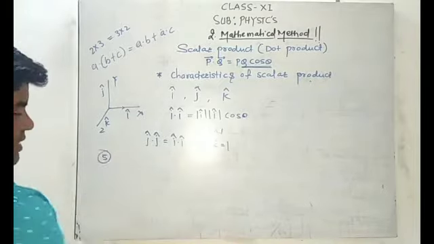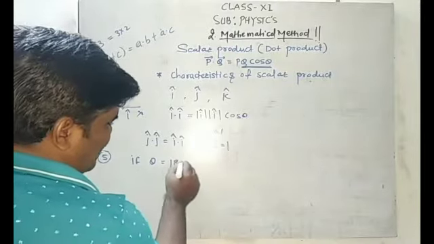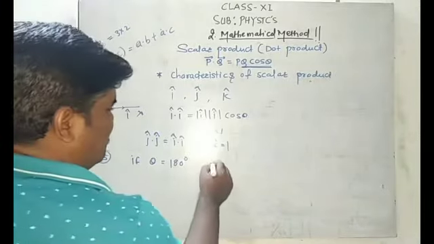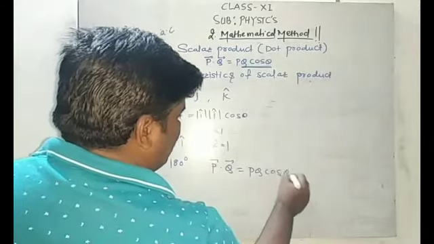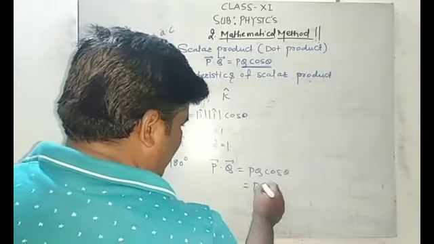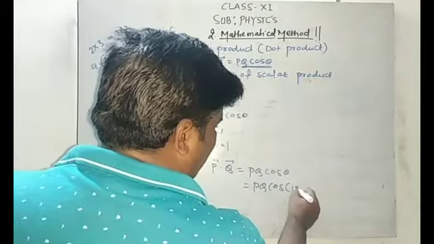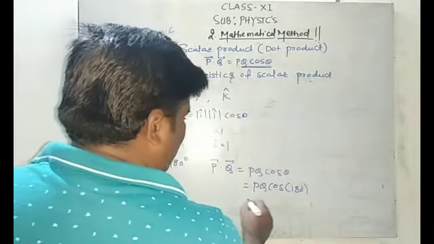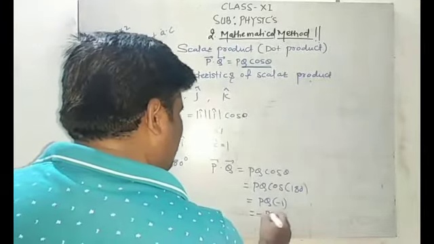Next, fifth, if theta is equal to 180 degree, so P bar dot Q bar is equal to PQ cos theta, where theta is 180 degree, and you know that cos of 180 degree is equal to -1, and therefore PQ times minus 1, which is minus PQ.